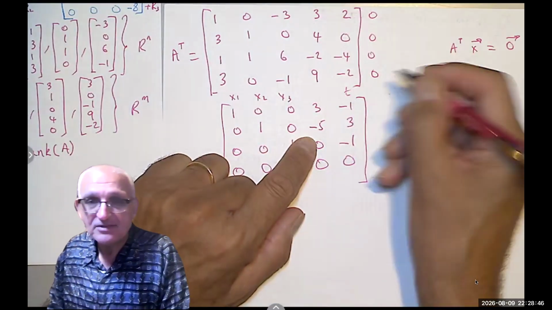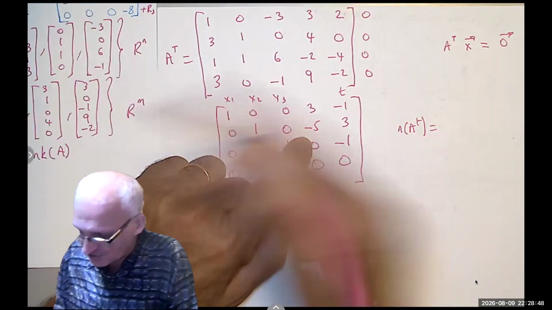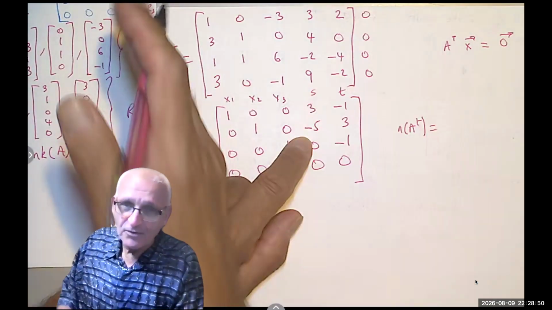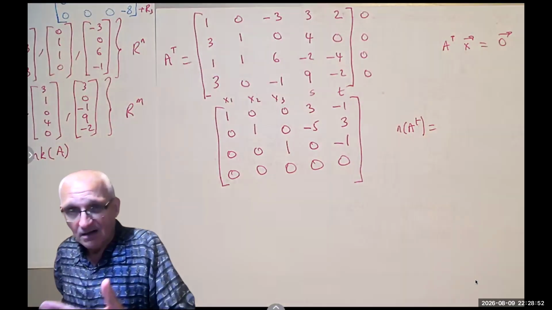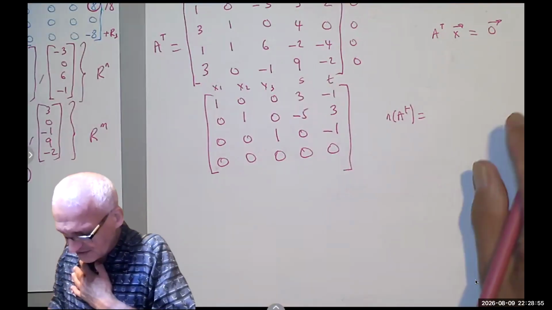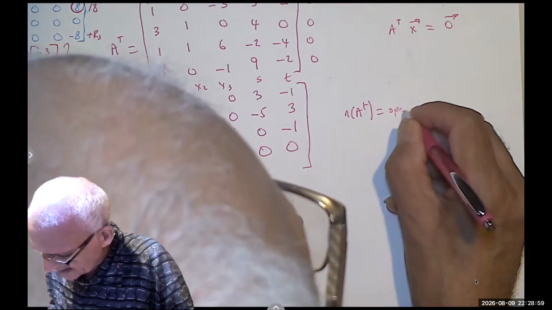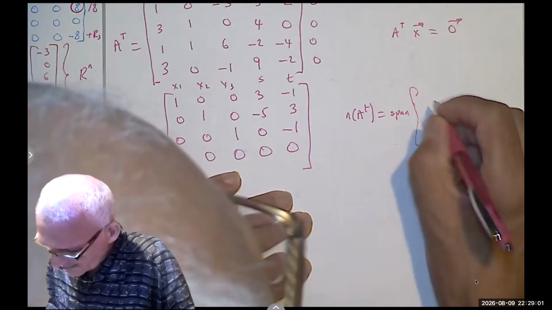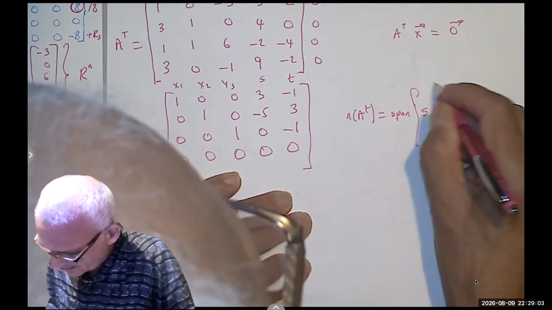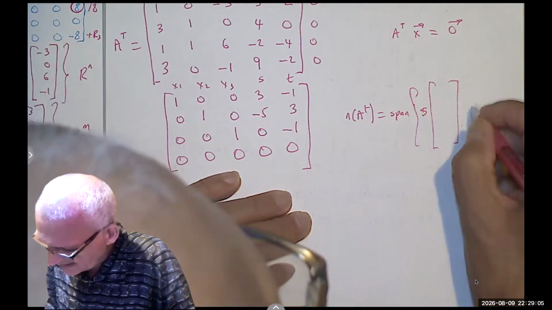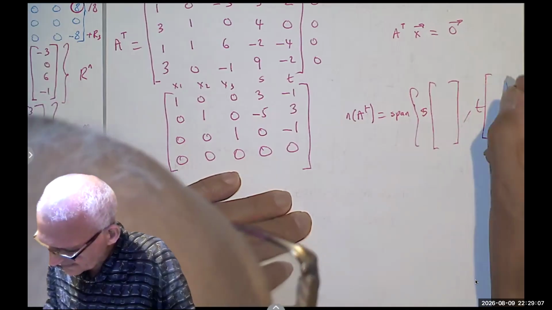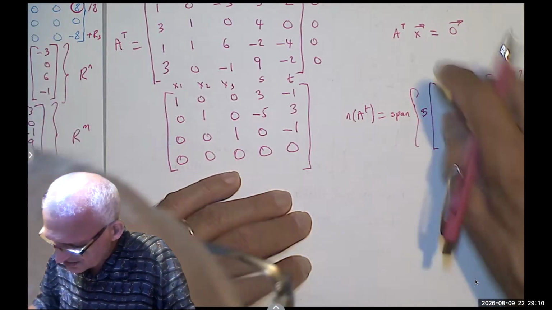If you have 2 parameters, we use the previous letter, which is S. If we have a third one, we go to the previous letter, which is R. So like we did here, we can say it's the span of S times something and T times something, and then the basis would be these two vectors.